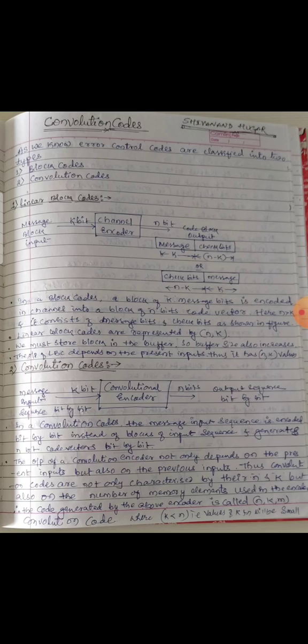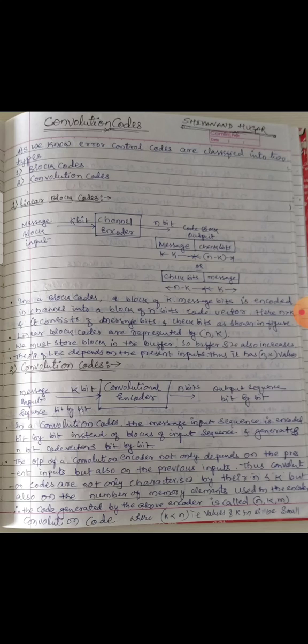How many notations are required here? Along with n and k, m is required. n is the output bits, k is the message bits, and m is the memory. So we can represent convolution codes by (n, k, m). Together, this (n, k, m) pattern representation is called the convolution code.